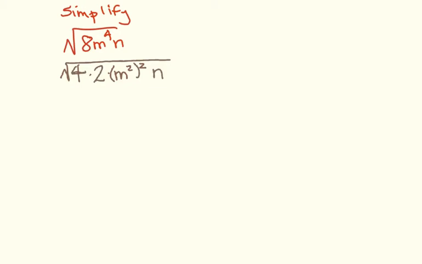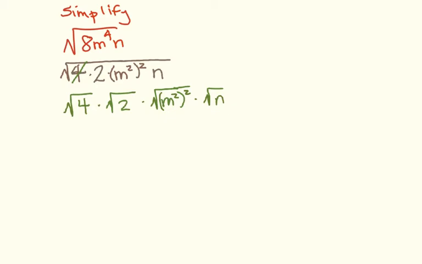So now the 4 is going to come out as its square root, because actually what we're doing, let me write out every step for this one again, is we have the square root of 4 times the square root of 2 times the square root of m squared squared times the square root of n.